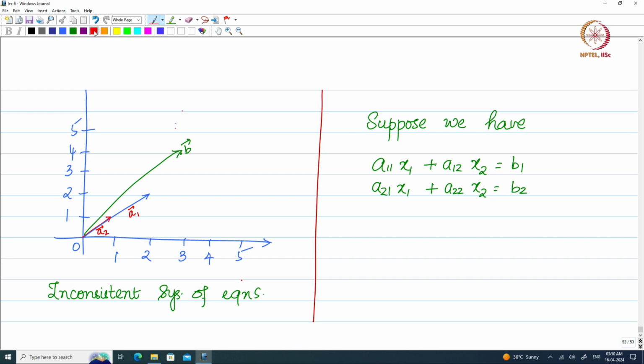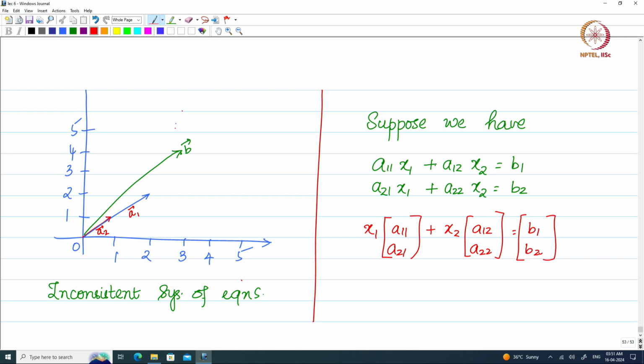We are going to write this in the column format as x1 into (A11, A21) plus x2 into (A12, A22) is equal to (B1, B2).